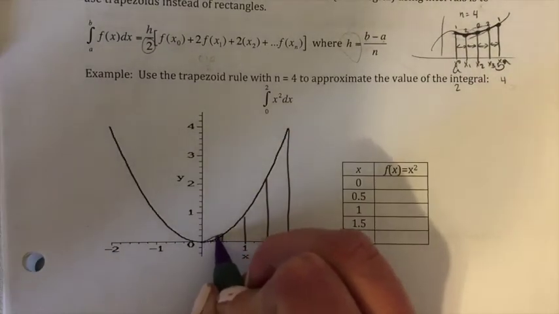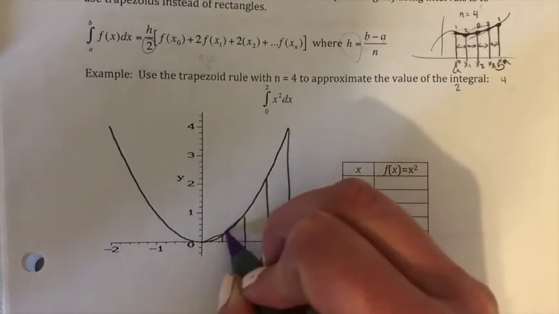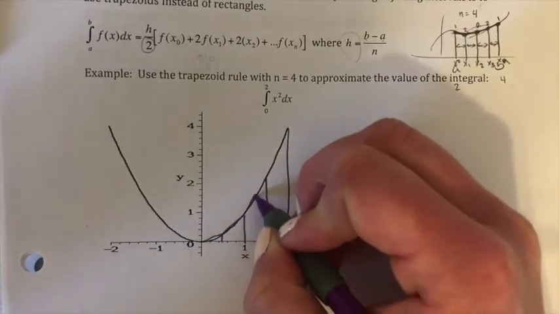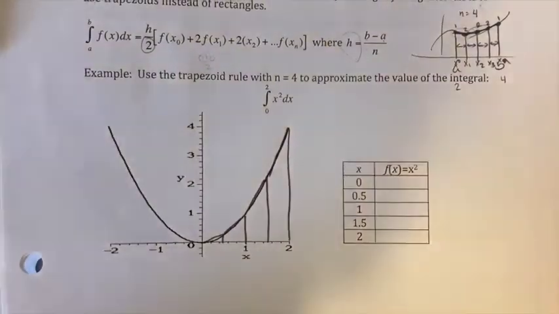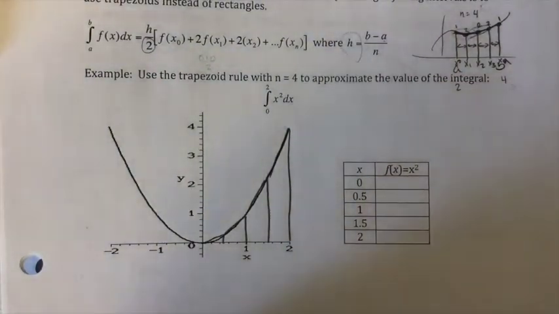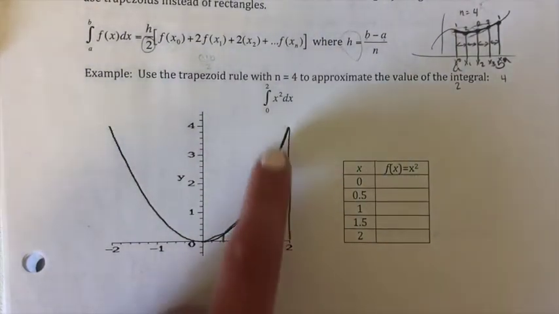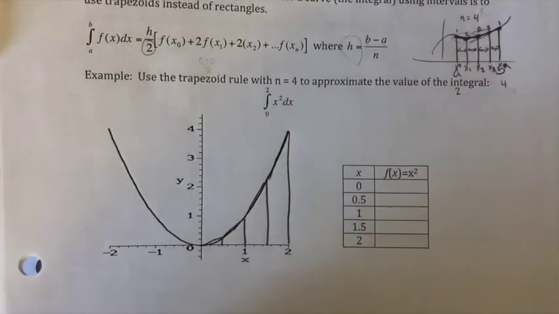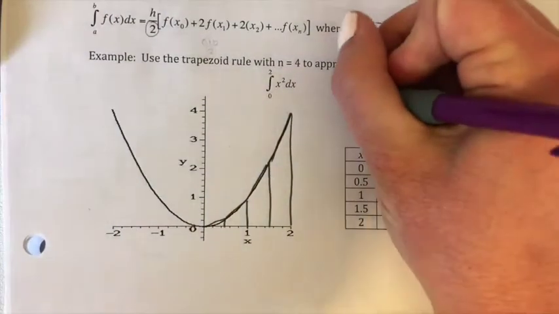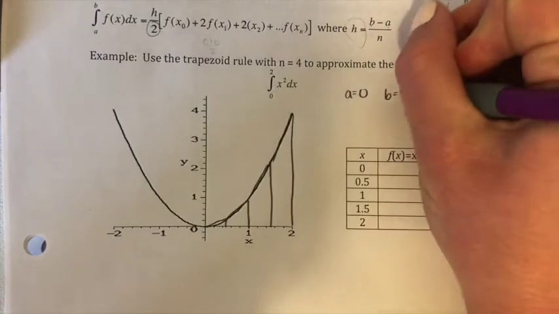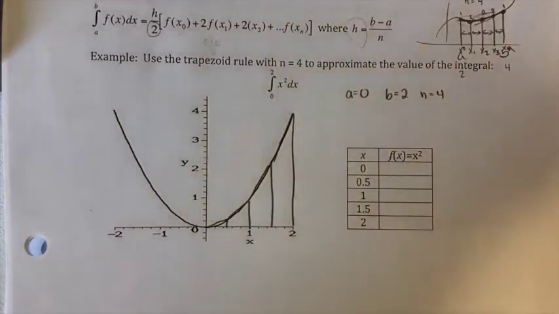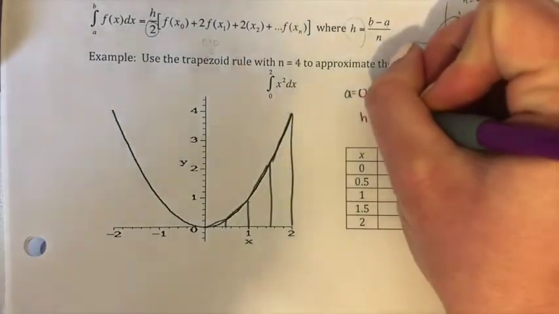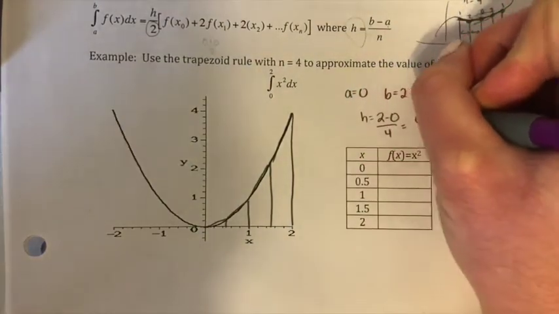And so if I draw trapezoids, they're going to look kind of like that. Okay, so the first couple are easy to see there on top of it. The second couple are actually pretty accurate. Okay, what we know about this is a is equal to 0, b is equal to 2, n is going to be 4, so then h would be 2 minus 0 divided by 4, so 0.5.